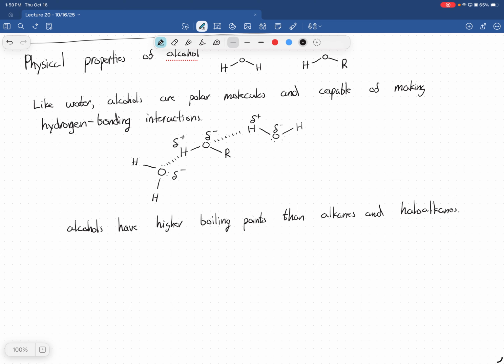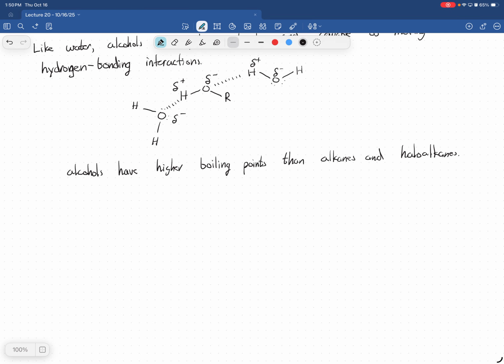Okay, for example, methane's a gas, so its intermolecular forces are lower, whereas methanol is a liquid, and that's because of the hydrogen bonding between its molecules. Let's use methane as our example.